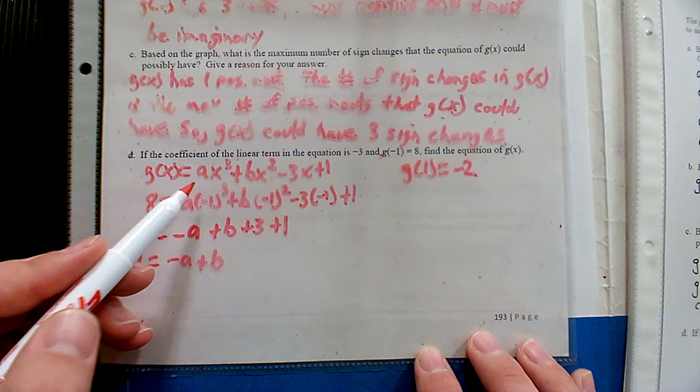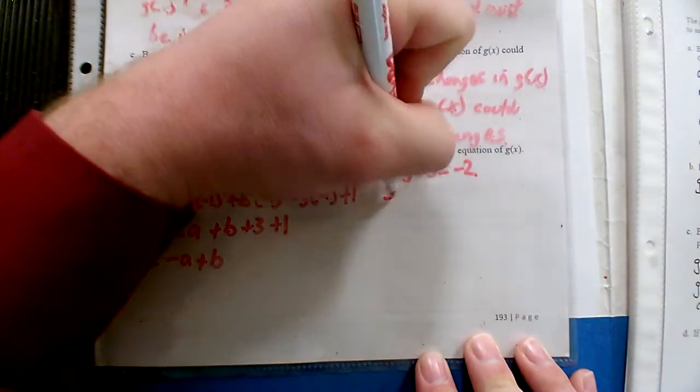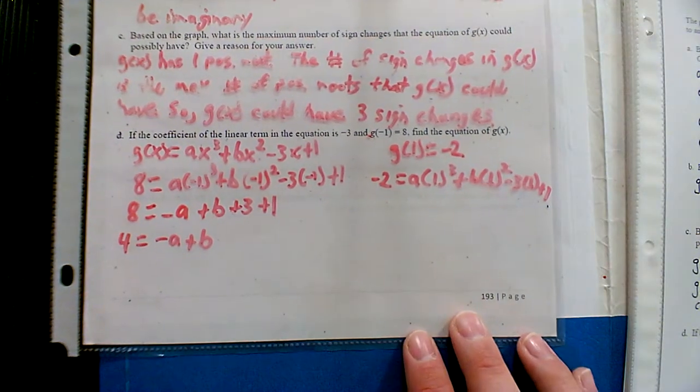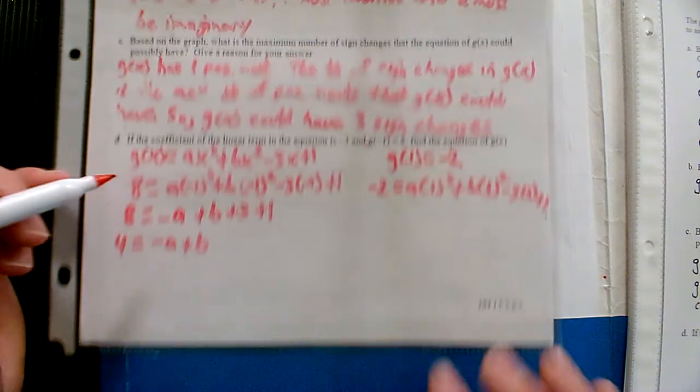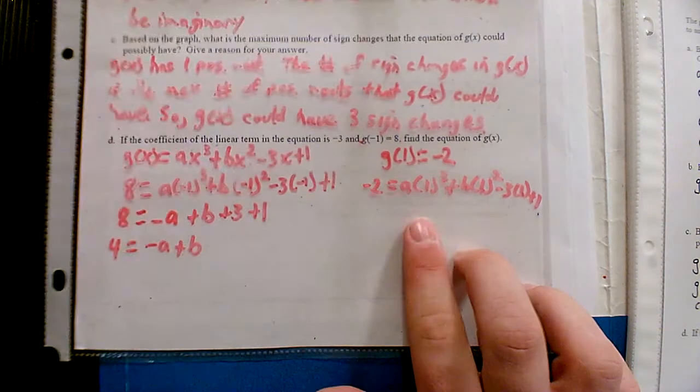Now we're going to do the same thing we did over here, but we're plugging in 1 this time, and our answer is -2. So plug in just like we did over here, but -2 is your answer, and you're plugging in 1 instead of -1.